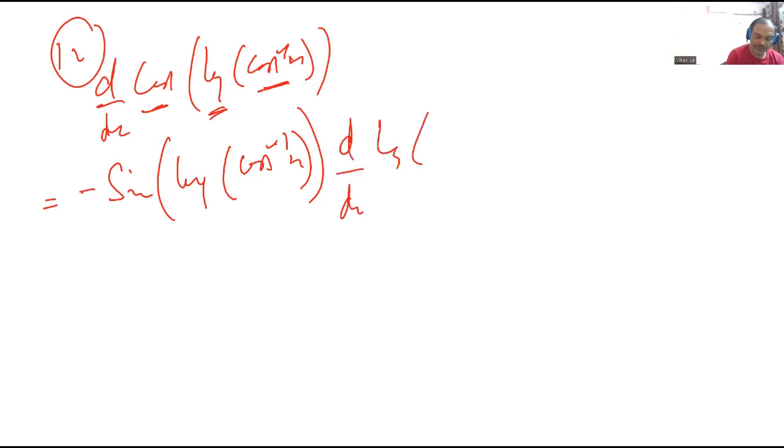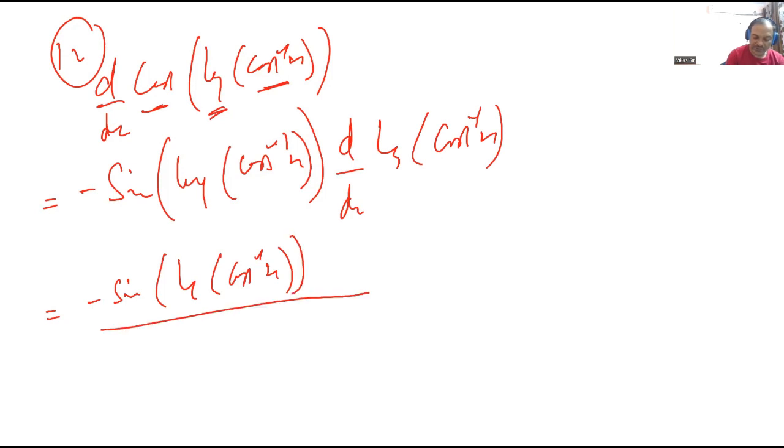If the parent function is log x and you differentiate it, you will have 1 over x. It simply means that in the numerator you have minus sine log cos inverse x, and in the denominator you have cos inverse x.